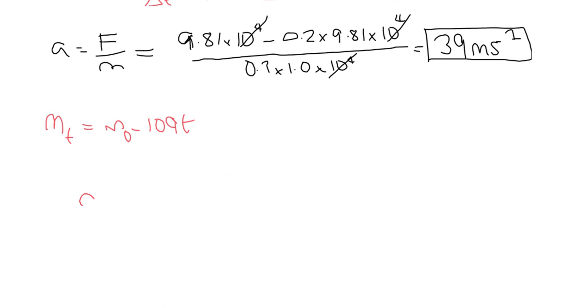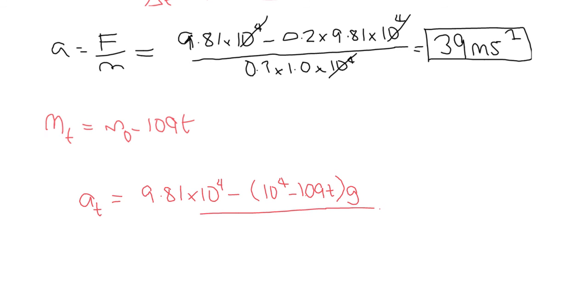The acceleration at time t is going to be the resultant force. So 9.81 times 10 to the 4 is the upward force. We need to subtract the weight force, which will be 10 to the 4 minus 109 t, that's the mass, times by g, because remember this is mass, so times by g, so that's subtracting the weight force.